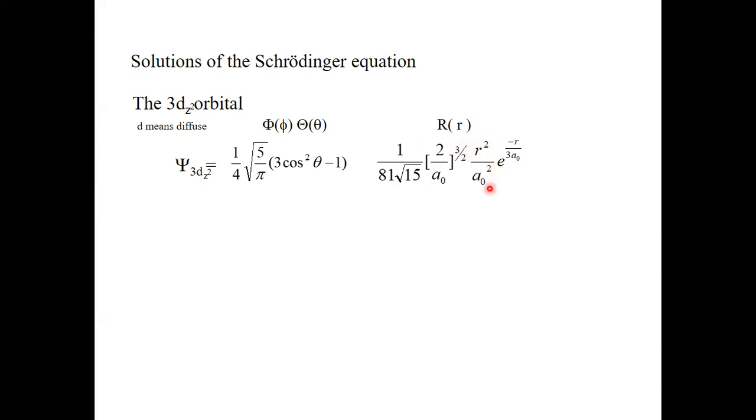But now we have this additional term, r squared over a0 squared. Because of this term, at r equal to 0, again, our amplitude is 0. So we first have an increase in amplitude, but then because of this exponential term, we go through a maximum and decline.